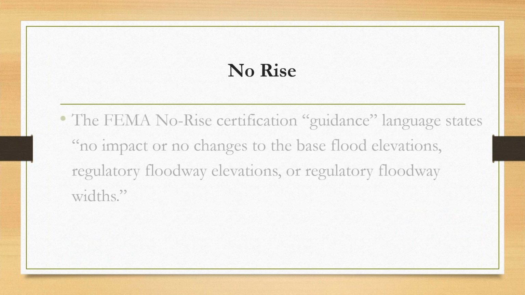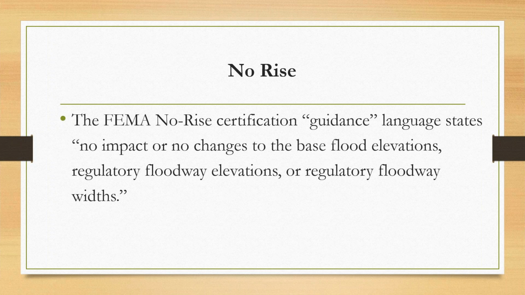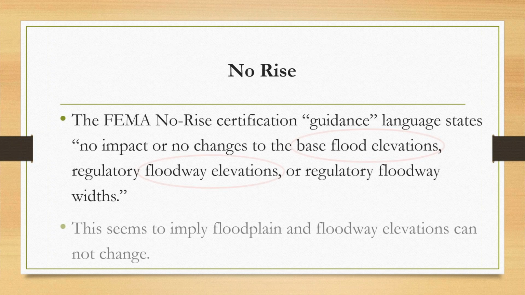The FEMA no-rise certification guidance language states no impact or no changes to the base flood elevations, or regulatory floodway elevations or regulatory floodway widths. So it uses the same language. So what this seems to imply is that both floodplain and floodway elevations cannot change.